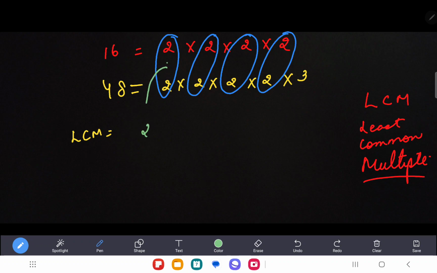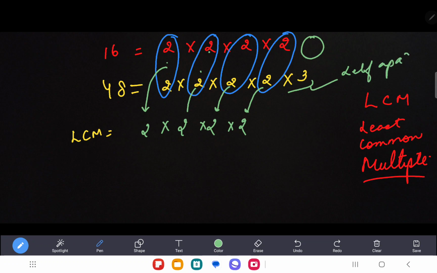From the first group you take out 1 common 2, from the second group 1 more 2, from the third group 1 more 2, and from the fourth group 1 more 2. But 3 doesn't have anything in common here. So whatever is left apart, you write that down too, isn't it?